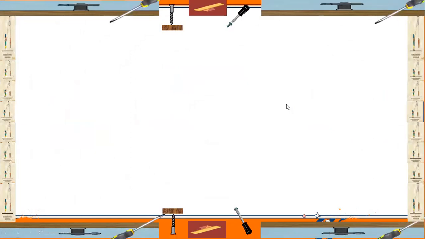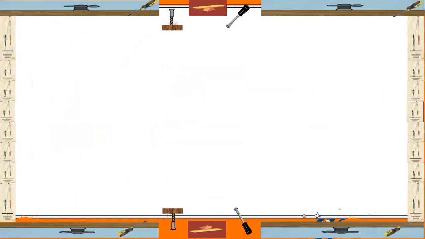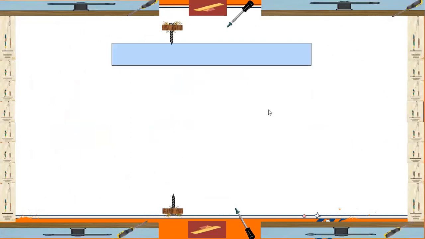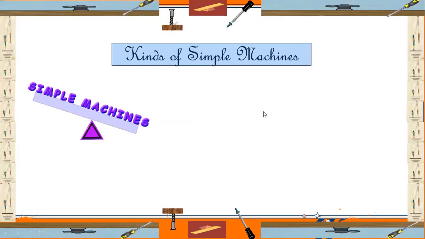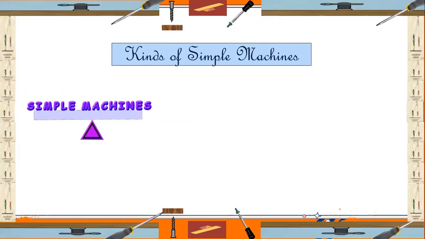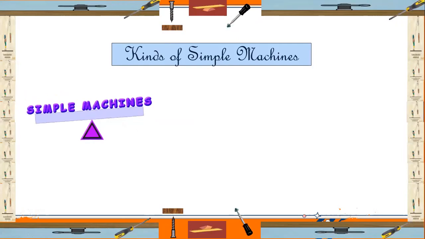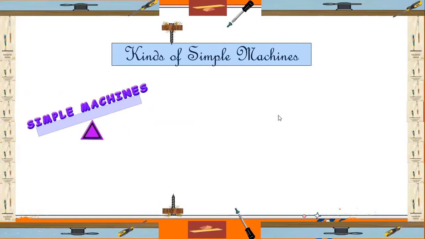Students, kinds of simple machines. There are so many machines all around you. When we talk about the lever, the first thing that comes to our mind is the seesaw, right? A seesaw, wheelbarrow, or a pair of scissors are all levers.